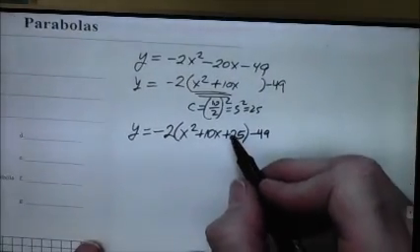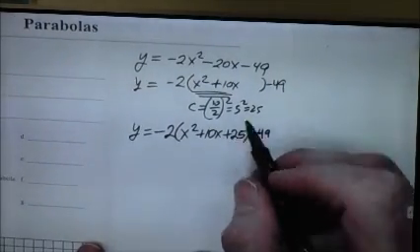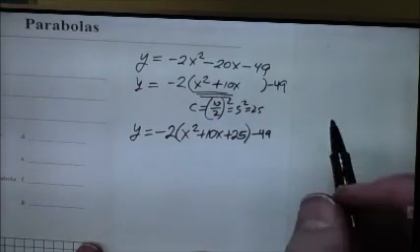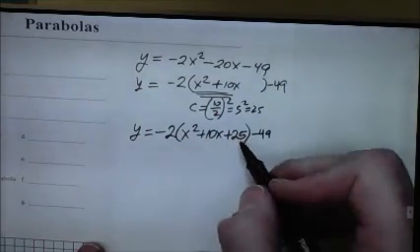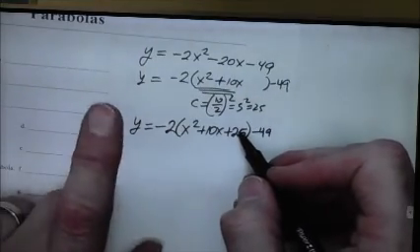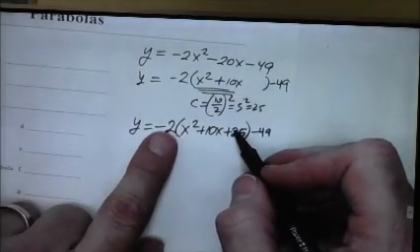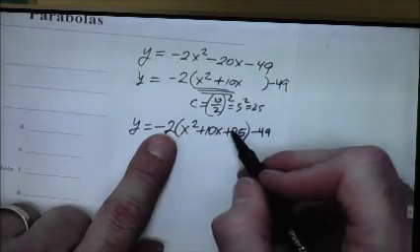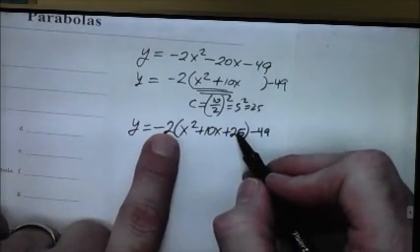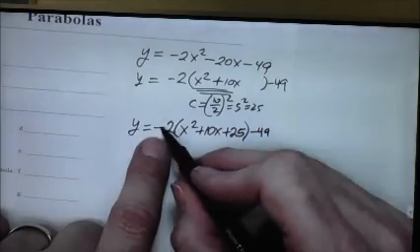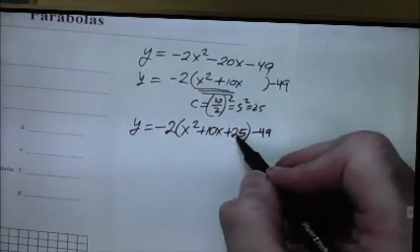Well, if I'm going to add 25 here, you would think that I should subtract 25, but there's a problem with that. This 25 is not really a 25 because of this. Because it's inside the parentheses, this 2 has to be applied to it, so it's really a 50. And because that's a negative, it's really a negative 50.